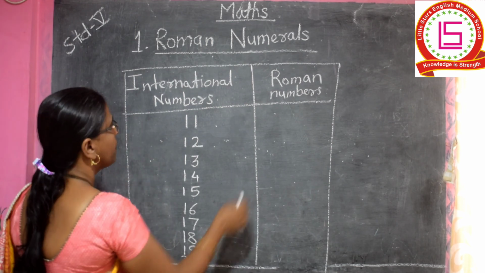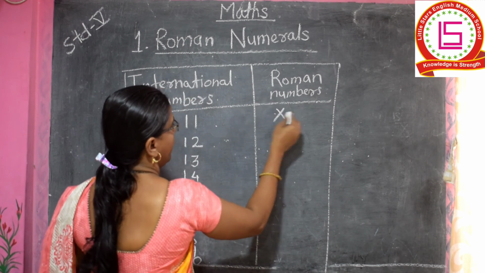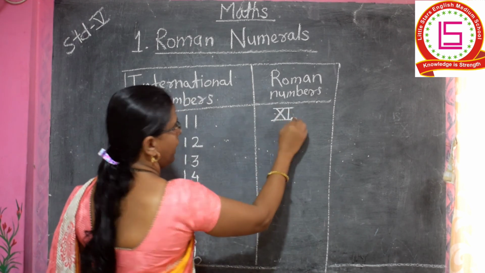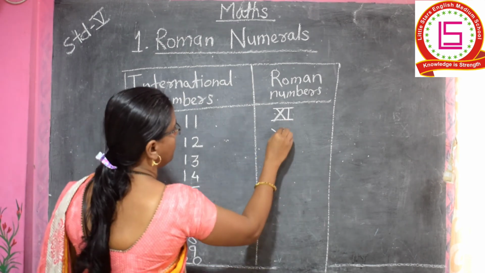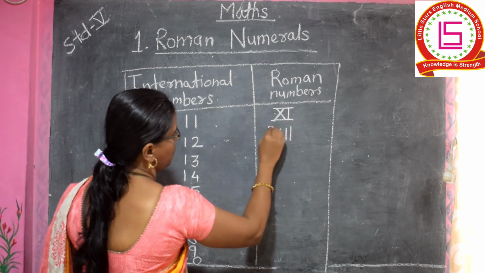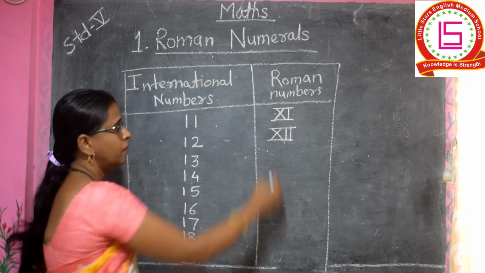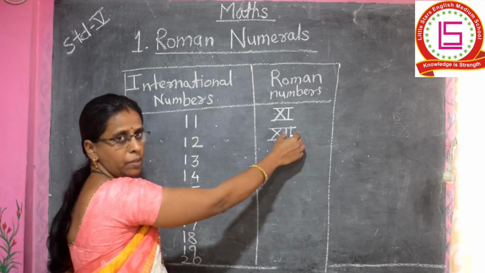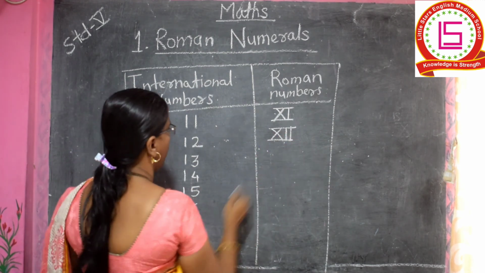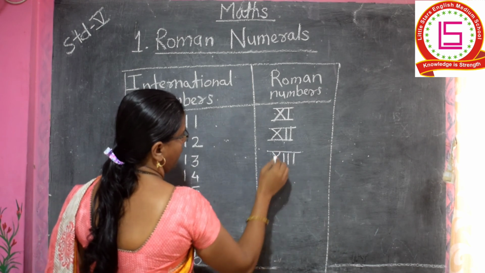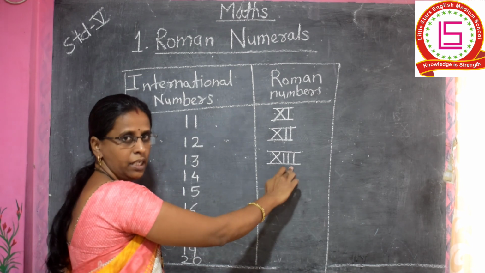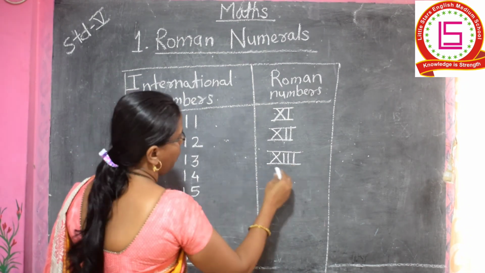Okay. Then see here 10 plus 1, 11. Okay. 10 plus 2, 12. X means 10 and 2 I means 2. 10 plus 2, 12. 13. 10 plus 3, 13. 14.